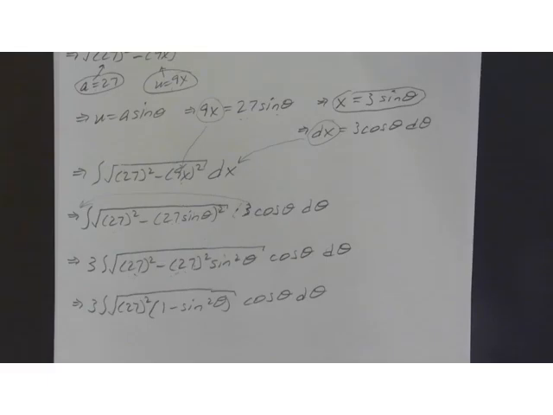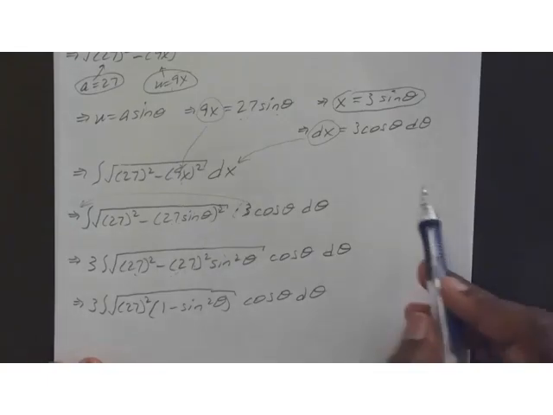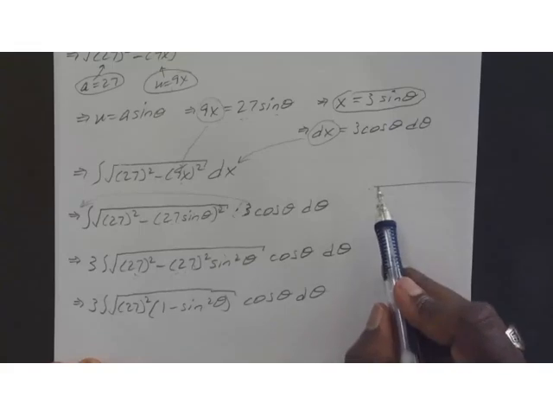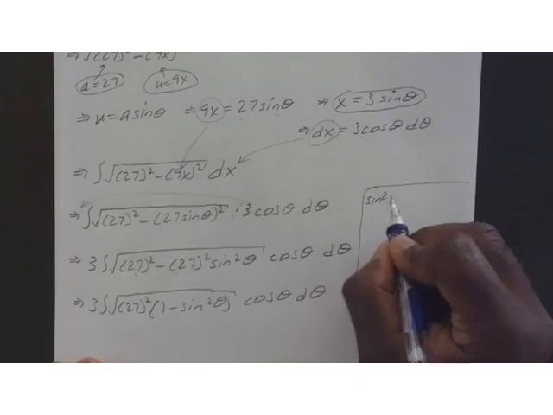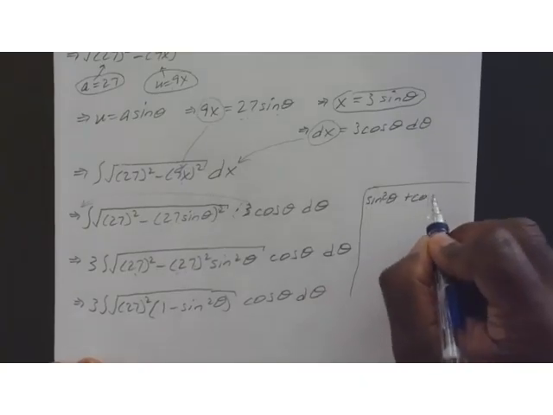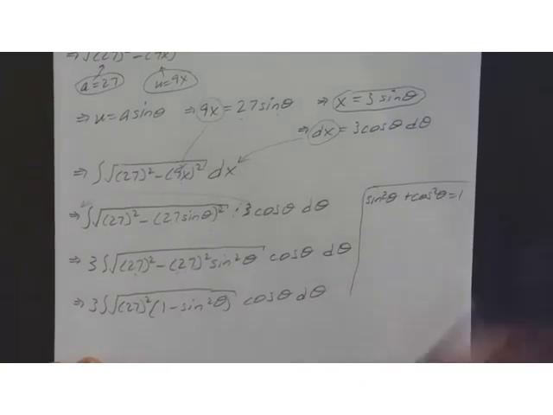Well, that 1 minus sine squared should look familiar. And it does because we know that sine squared plus cosine squared is equal to 1.